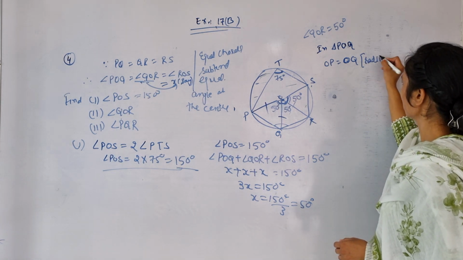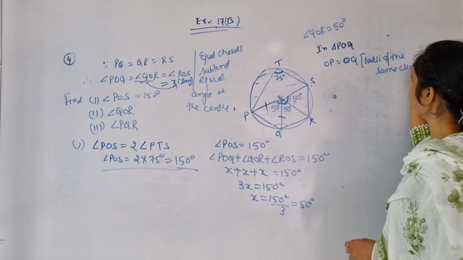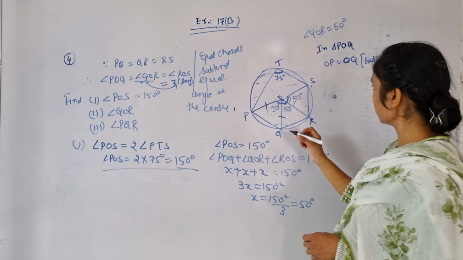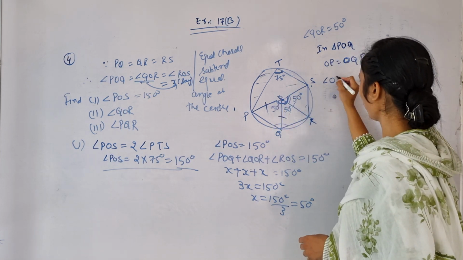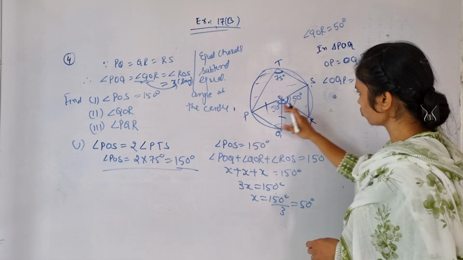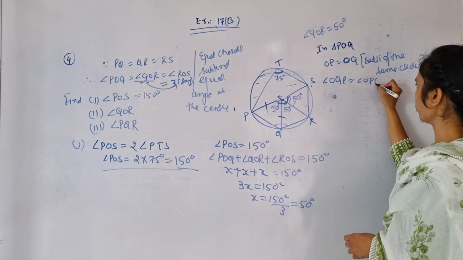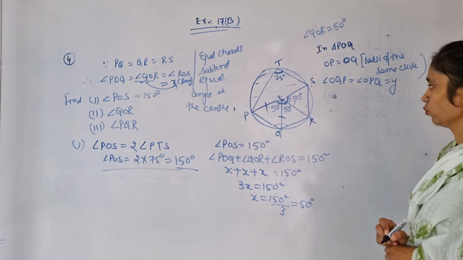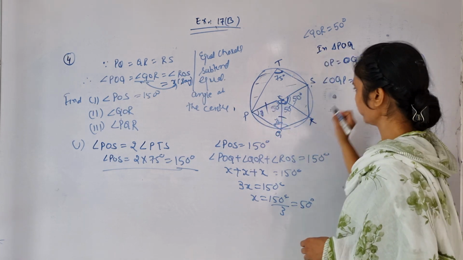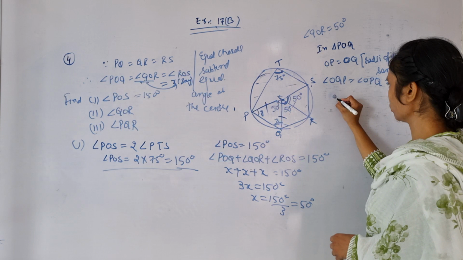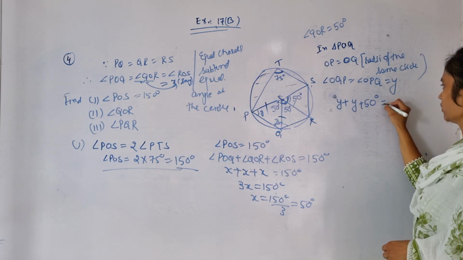They are radii of the same circle, so their opposite angles will also be the same. Angle opposite to OP is OQP, and angle opposite to OQ is OPQ. Suppose both are equal to Y. The sum of angles of a triangle is 180 degrees, so 2y plus 50 is equal to 180 degrees.